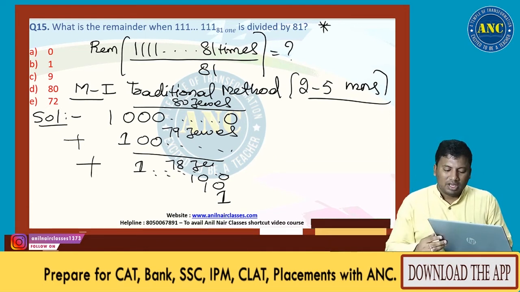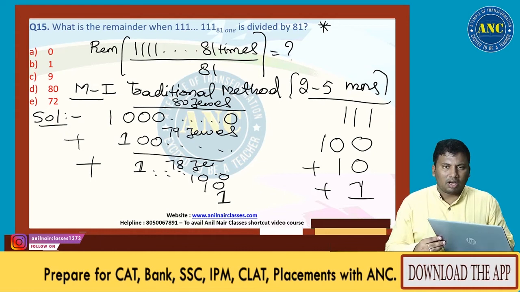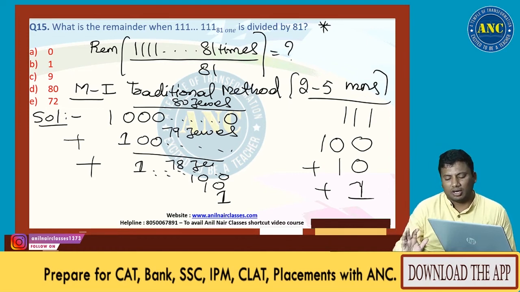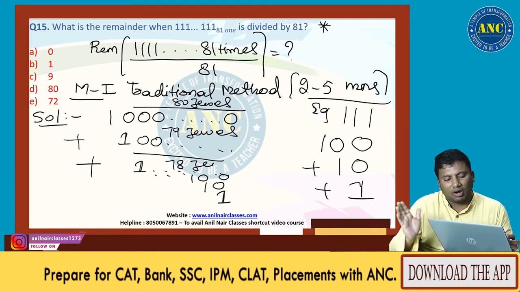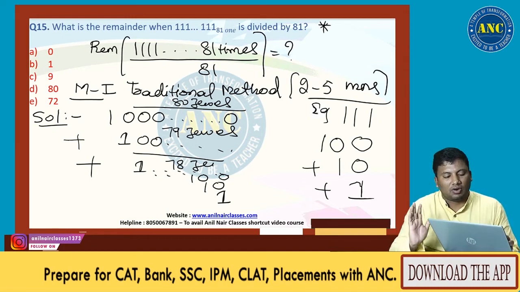Yes or no? If 1 is written 3 times, it is nothing but 100 plus 10 plus 1, which is 111. So saying the same example, can I write this question as 1 followed by 80 zeros, 1 followed by 79 zeros, 1 followed by 78 zeros, and so on up to 1 followed by 2 zeros, 1 followed by single zero and 1.